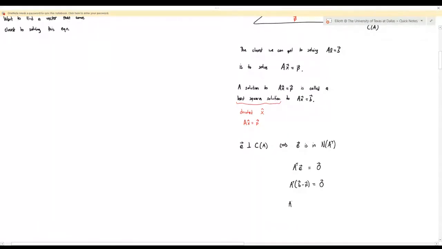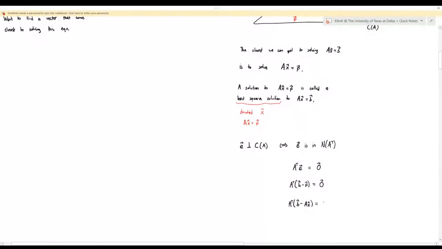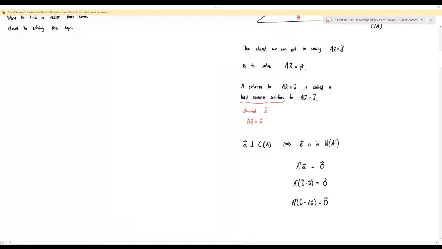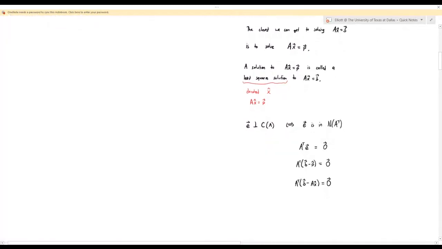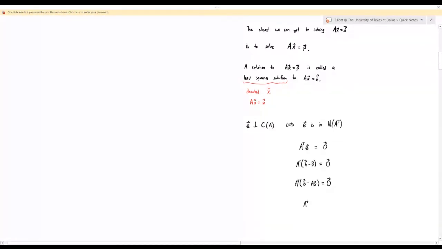So that will leave us with A transpose times (b minus A x hat) equals 0. Then I'm going to distribute the A transpose and rearrange the equation a little bit. So what you should get is A transpose A x hat must be equal to A transpose b.